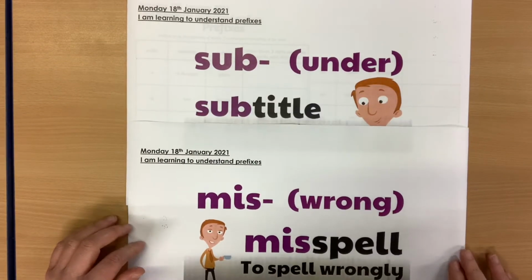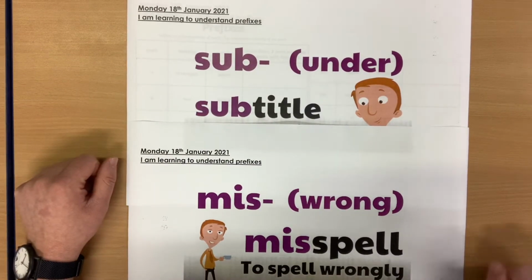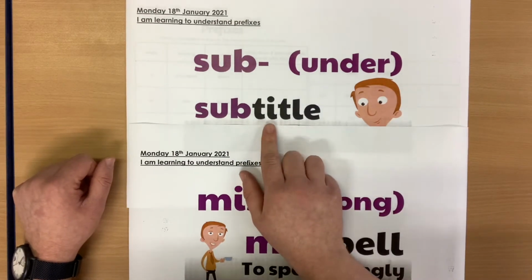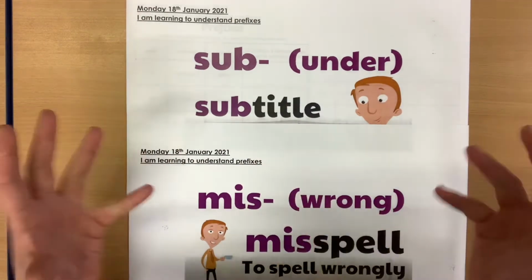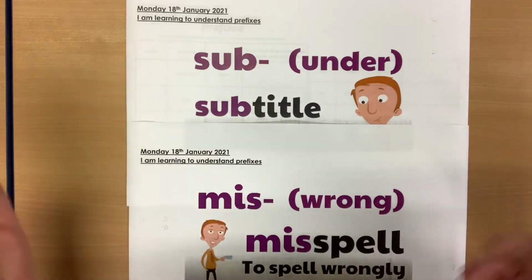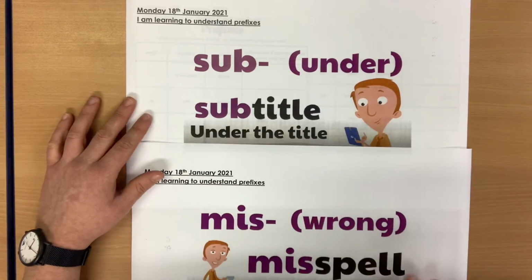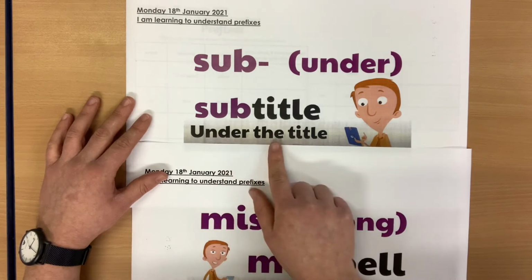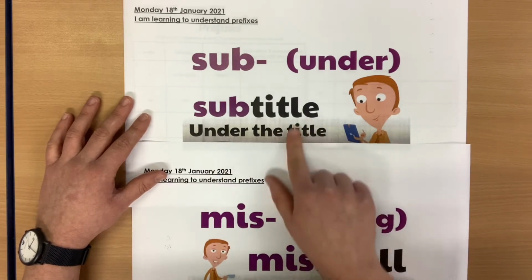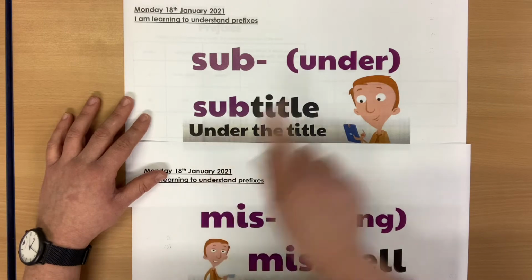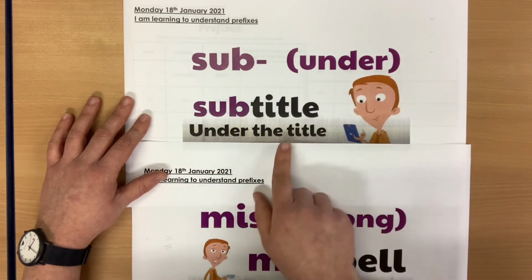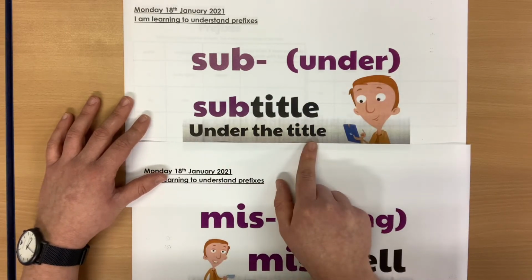Our example is subtitle, and we know that a title tells us what the thing will be about, so what the article or what the paragraph will be about. Subtitle means it goes under the title. So the title is the main one, and sub, meaning under, tells us it goes under the main title.